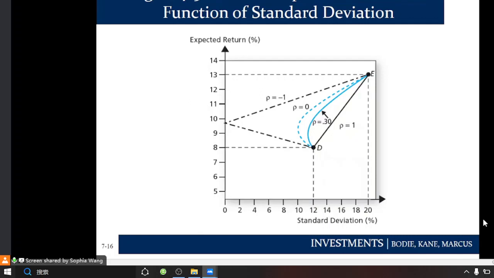In this case, how do you determine the best proportion for stock A and B? It should be determined by two important parameters.